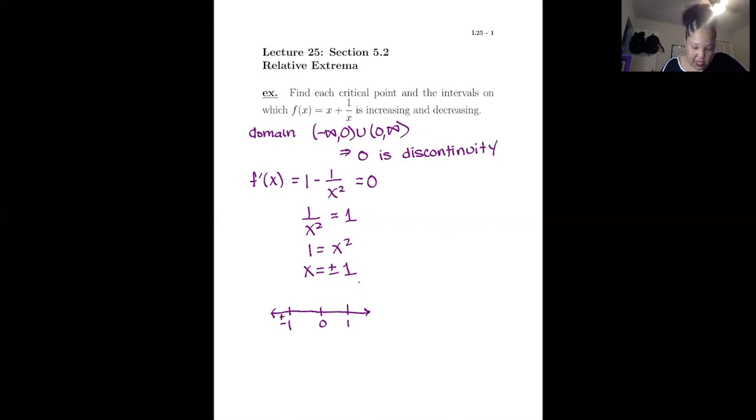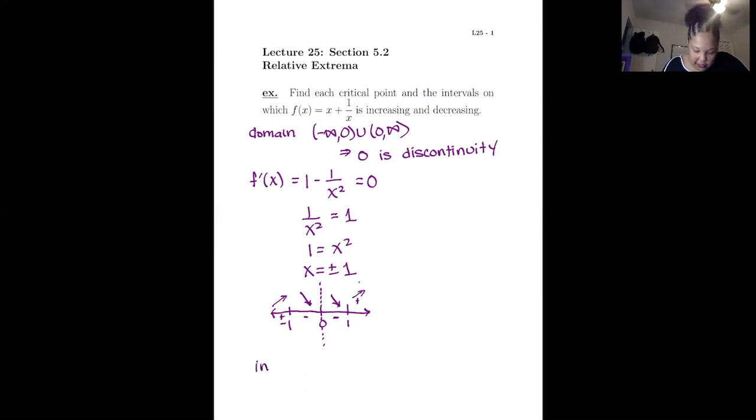If I plug in -1/2, I'm going to get something that is negative. If I plug in positive 1/2, I'm also going to get something negative. I'm going to put this line right here just to indicate that there is an asymptote at 0. And if I plug in something bigger than 1, say 2, then I get something positive. So I'm increasing here, decreasing here, decreasing here, increasing here.